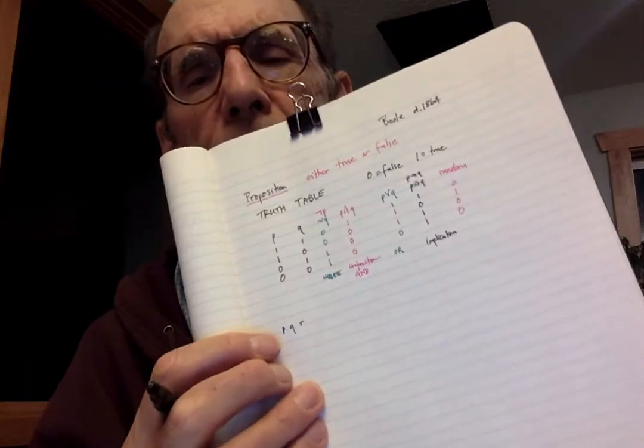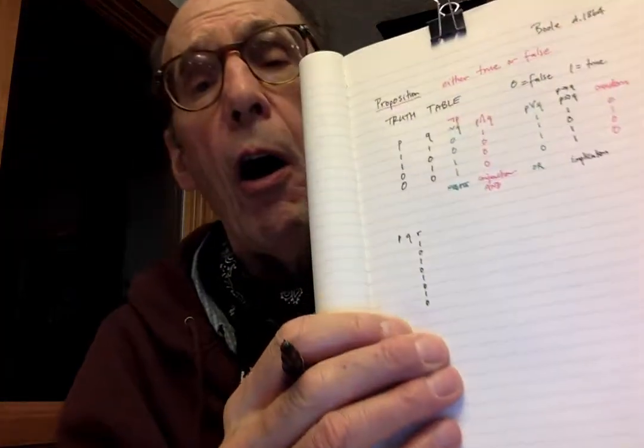If we had three, let me just write this down lickety-split. So let's call the propositions P, Q, and R. And the way to do this is, well, it's going to be 2 cubed. There are three things, and there are two choices for each of them, so there are 2 cubed choices. And the way to write this down efficiently is just say 1, 0, 1, 0, 1, 0, 1, 0 for R. And then next time you do them in pairs.